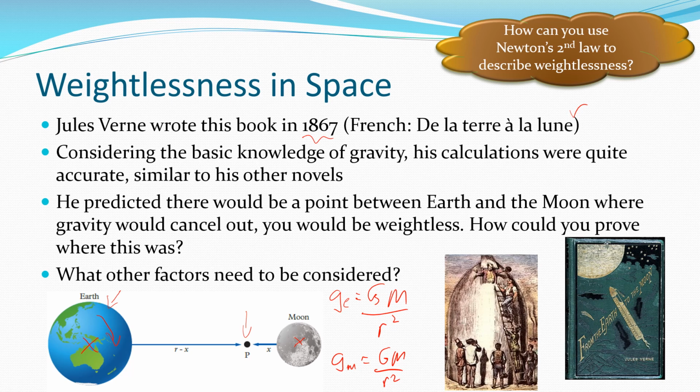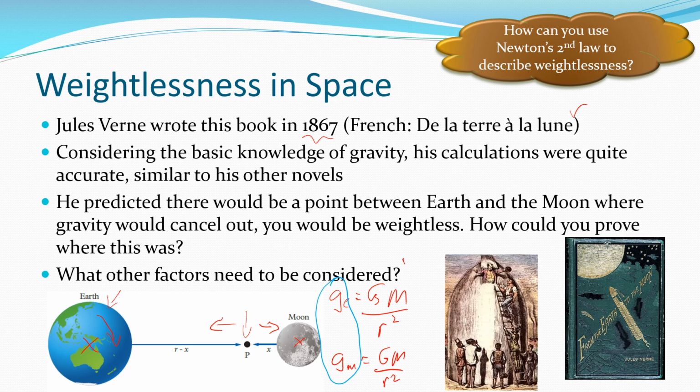When those two equal each other, the force of gravity that is pulling you towards the Moon is the same as towards Earth. It's obviously a lot further from Earth because the mass of the Earth is so much bigger, hence the gravitational field force is so much bigger. But at that point there, you should be weightless because those two vectors will cancel each other out.